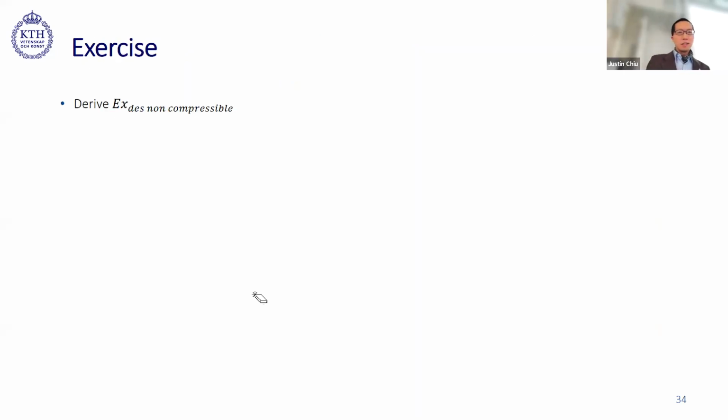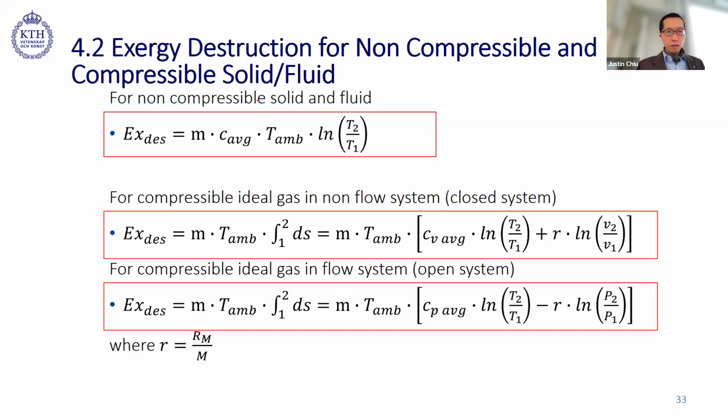So exercise, derive the destroyed exergy. So this is for a non-compressible or closed system, let's say closed system. Here, let's see. No, do we have it? Oh, sorry. This one is for a closed system. So we go for, okay, non-compressible. So we go for the first one.